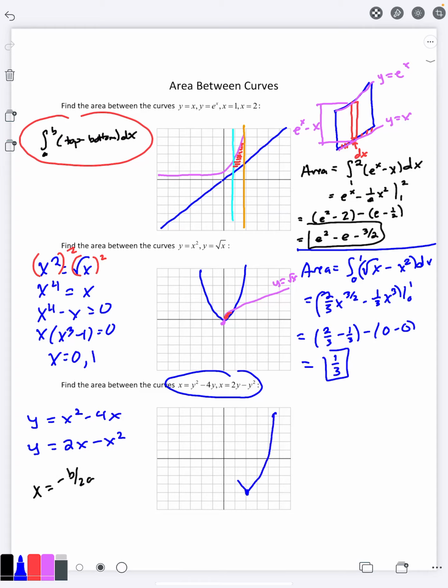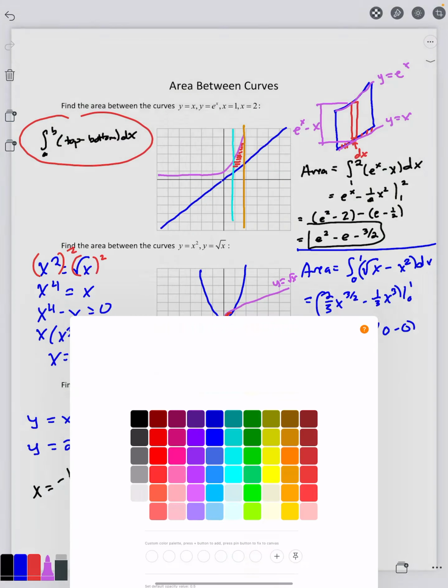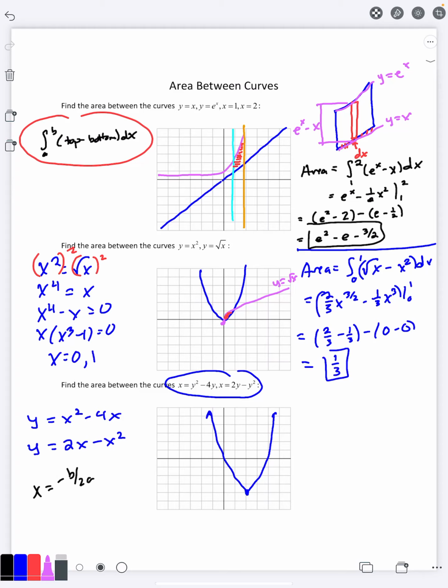So this is your first parabola. And then for the second parabola, we're going to have negative 2 over negative 2. X is 1 for the vertex. If you plug in 1, you get 1 there. And so this right here is your second parabola. And here's our area.